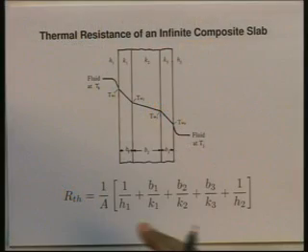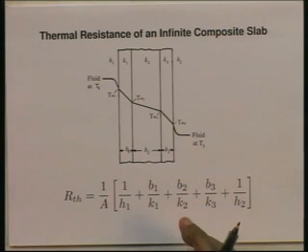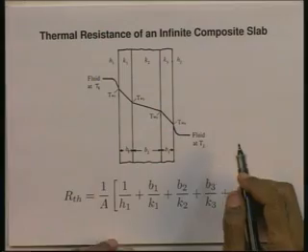So, instead of just one slab that we looked at earlier, we are now going to look at an infinite slab which is composite in nature. Look at this figure.